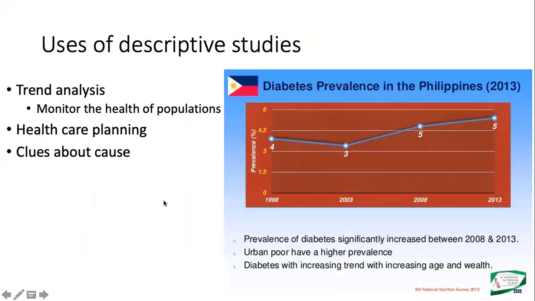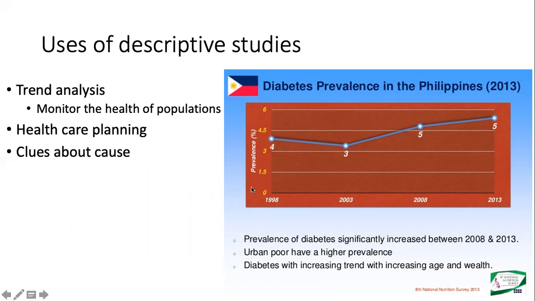Okay? So what are the different uses of descriptive studies? So we can do trend analysis, no, to monitor the health of our population. So for example, diabetes prevalence. So this prevalence of diabetes is based on the regular National Nutrition Survey.